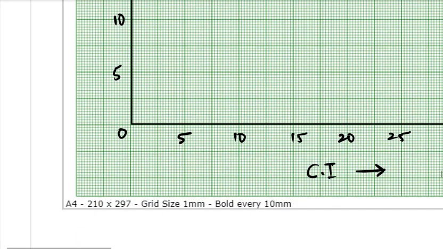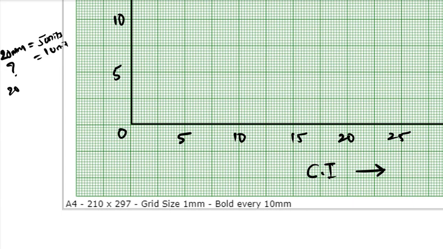Okay. 10 versus 3. Now, if 2 centimeters is equal to 5 units, that is 20 mm equal to 5 units, right? So how many mm will be equal to 1 unit?